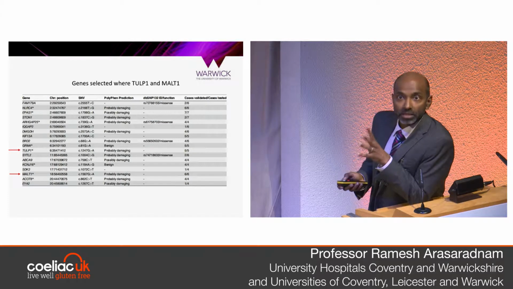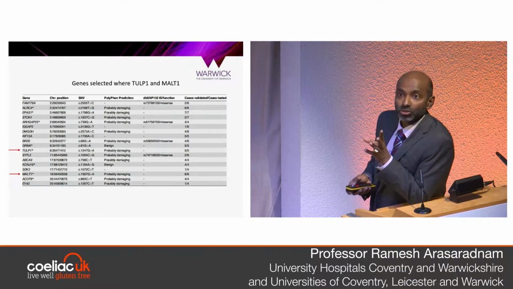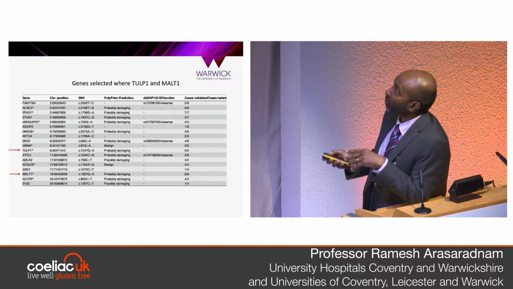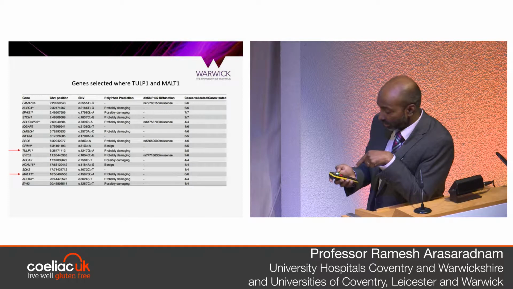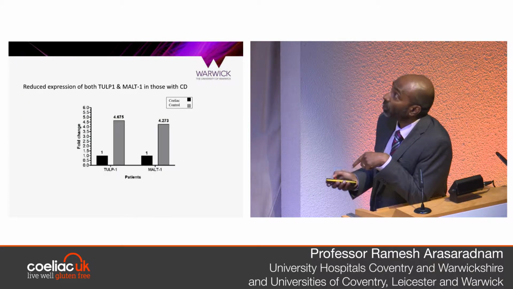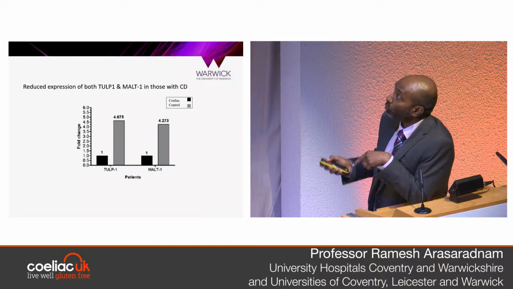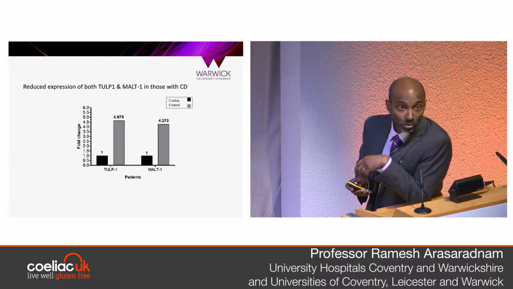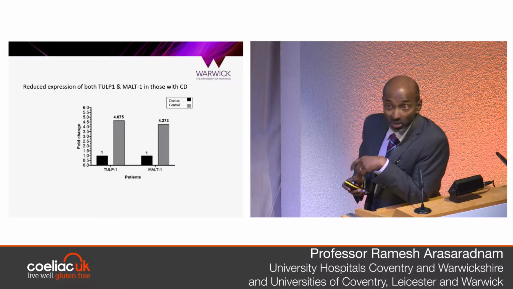All we know about them is they are important in immune regulation, in linking in with the bacteria, and we found that they had clear mutations in our celiac disease patients, which we confirmed when you look at expression of the genes, which was clearly much lower, almost fourfold lower than a control in our celiac disease patients. What does this mean?